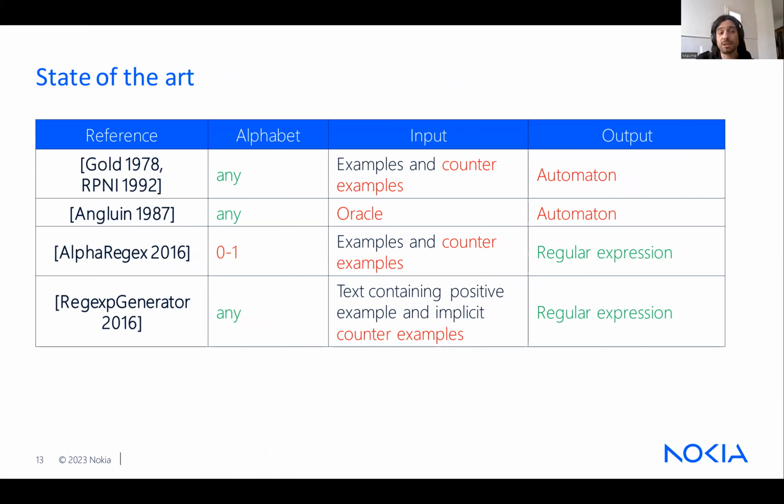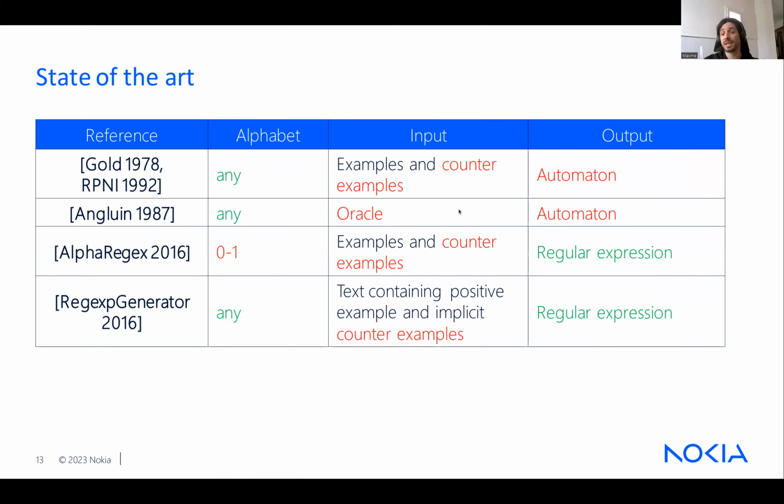What about the state of the art? A problem we had with all the algorithms in the state of the art is that they make use of counterexamples. Counterexamples are examples that have to not be in the target language. So the same way the regular expression must recognize examples, it must not recognize counterexamples.